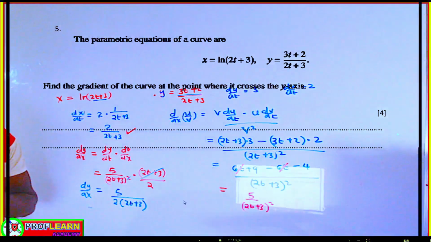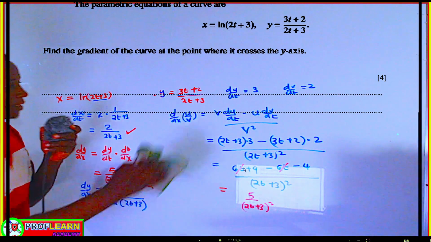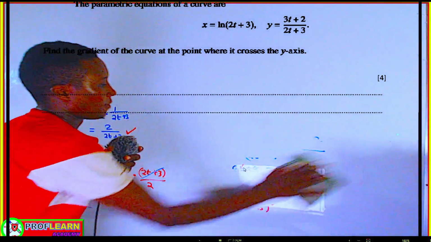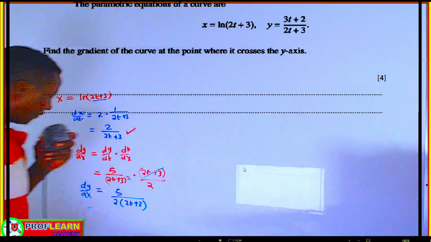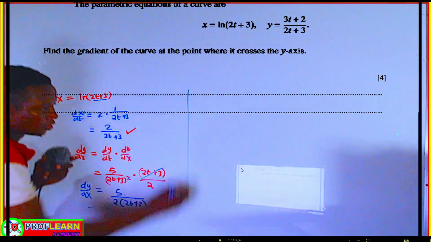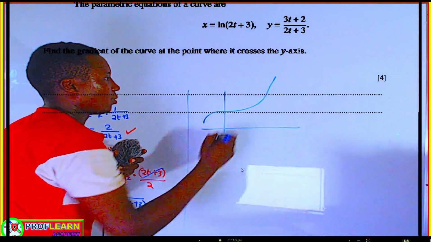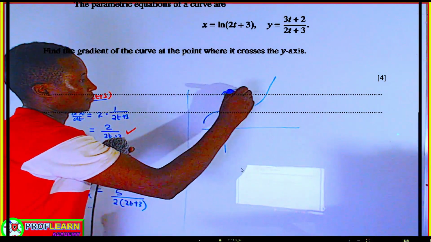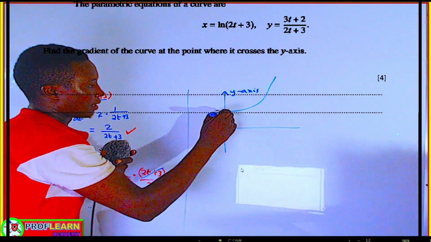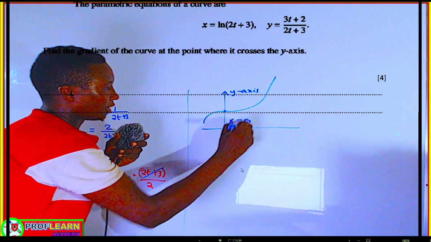Let me just move this a little bit up. Find the gradient of the curve at the point where it crosses the y-axis. So we are saying if you have a curve crossing the y-axis, at the point where it crosses the y-axis, x is actually equal to 0.